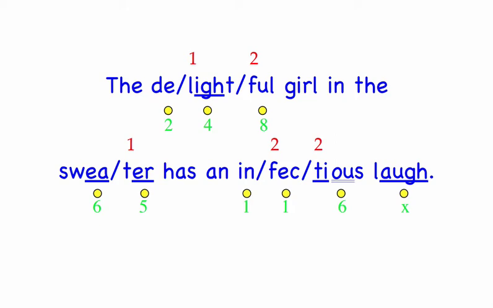Sentence 3. Your threat is a heavy, weighty matter fraught with fright. Your threat, one syllable, 4 sounds: th, r, e, t. Threat is a heavy, 2 syllables. First syllable, he, 2 sounds: h, e.